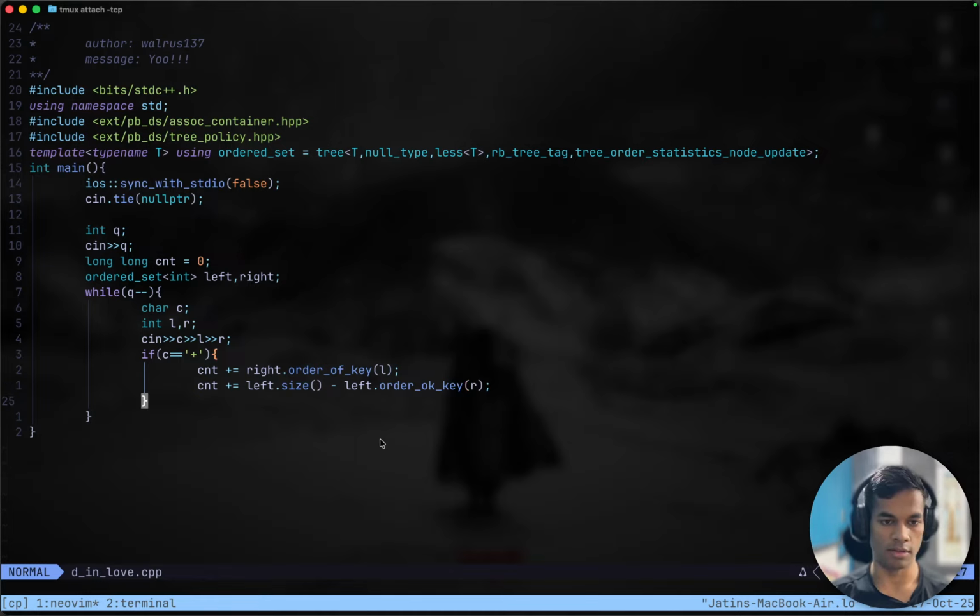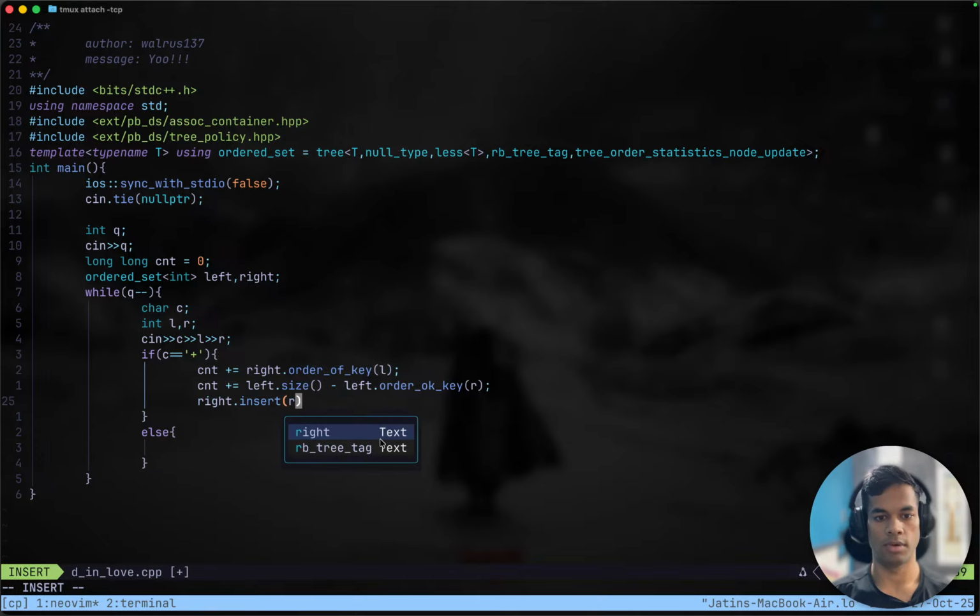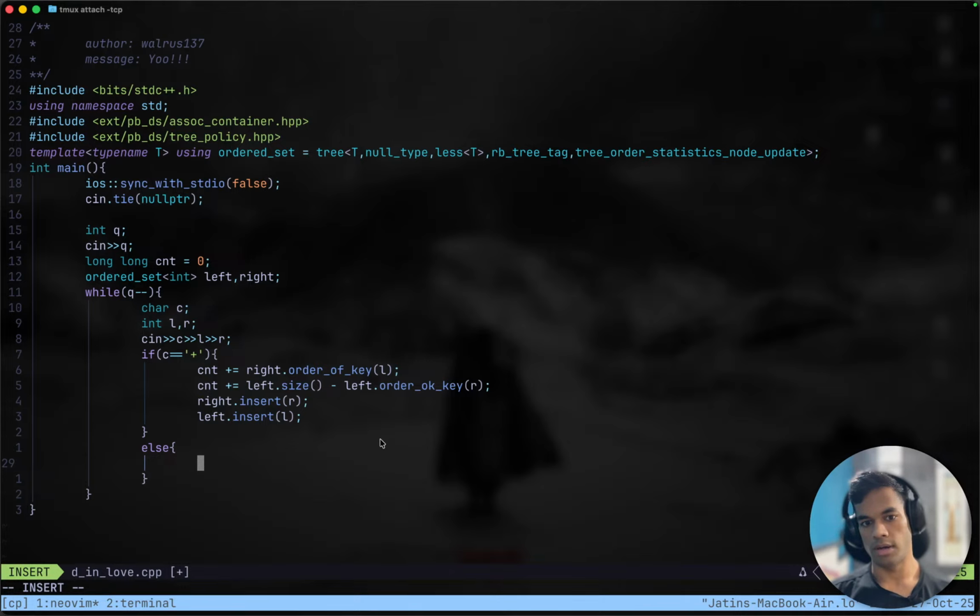Makes sense. And also we will add right dot insert R and left dot insert L. And if it was a negative operation, then we will have to remove and subtract the same values.